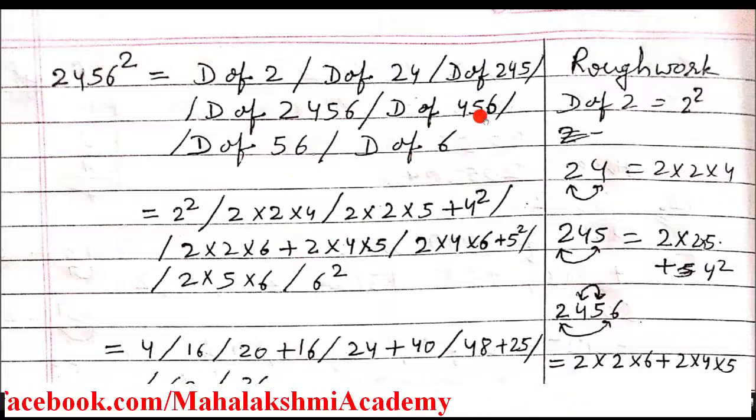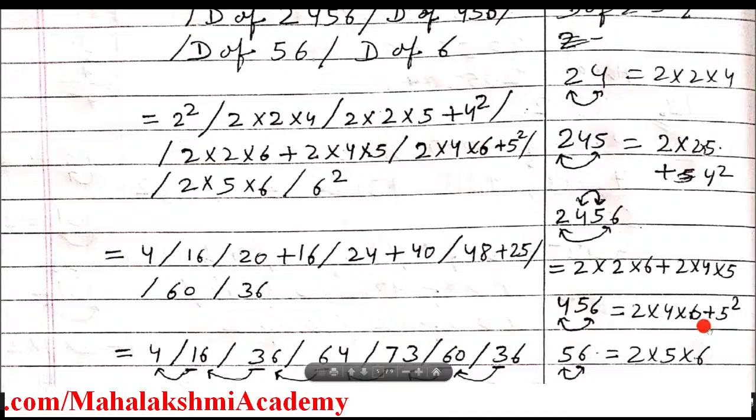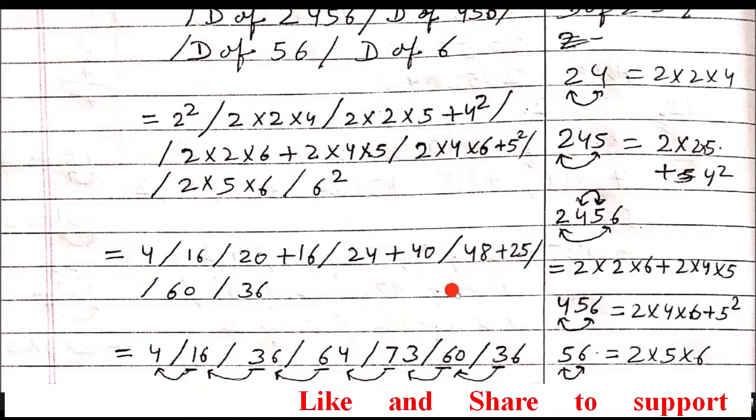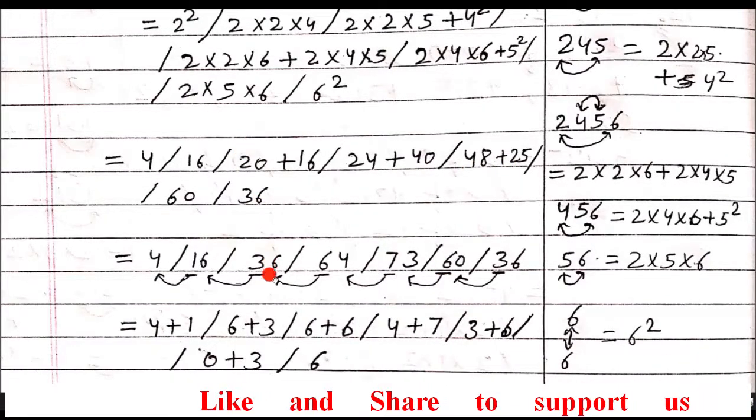Then D of 456, you can see that I calculated here. This you just write here. Then in D of 56, write here. Then D of 6, that is alone, that's why 6 square. Now here multiply them and write down. And here you have to add 20 and 16 and 24 and 40 and 48 and 20 and write down their answers in their own sections.